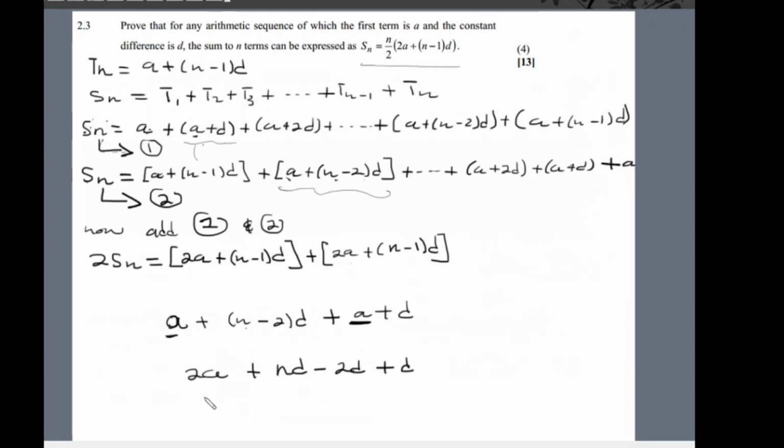So you'll have 2a plus nd minus d. Now when you factorize d, you get 2a plus (n minus 1)d. That is what happens when we are adding equation 1 and equation 2, right?